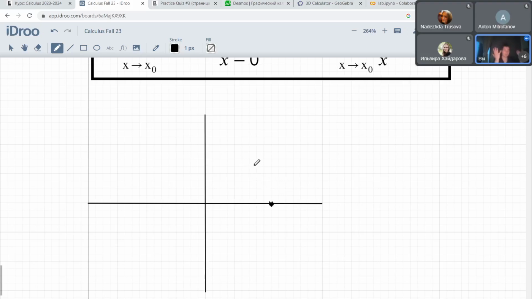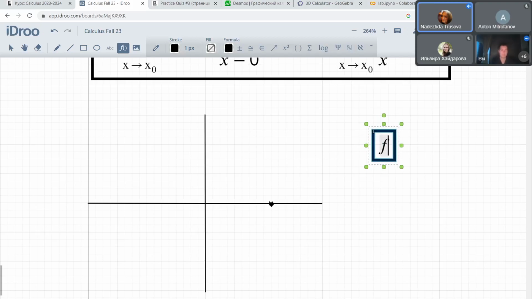That's a complicated question, so I don't expect a mathematical analysis from you. I just expect your suggestions. So from the definition of continuity, we have to find limits for this function.